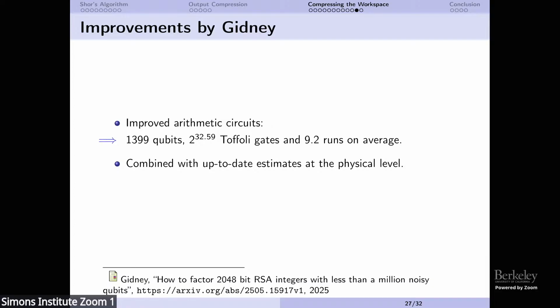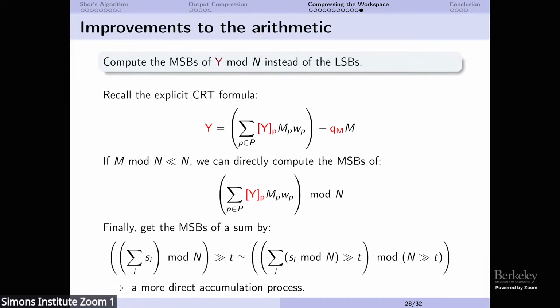And so, as I said, I will just talk briefly about the improvements in the arithmetic and how my 10 previous slides could have been actually simpler. So there are very nice ideas. One of them is, instead of computing the least significant bits of the exponentiation output, to compute the most significant bits.